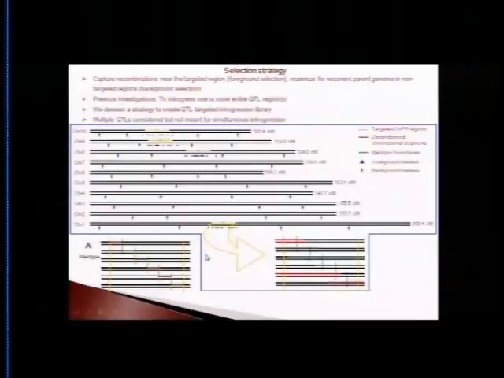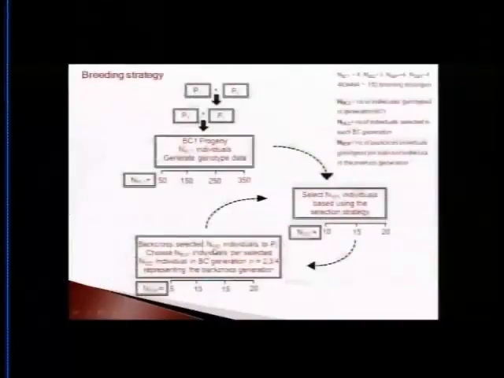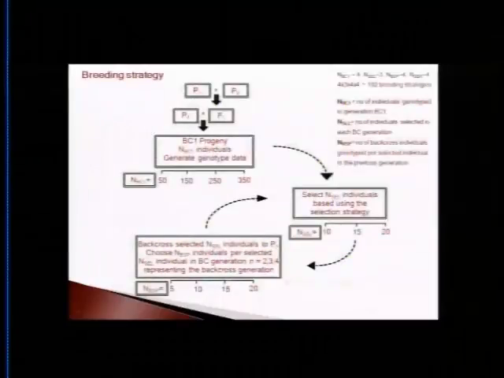So the next steps were to design the breeding strategies. The investigators in this project, Dr. Randy and Dr. Nick, had a hypothesis that the number of individuals in the first backcross generation was probably very important and crucial in getting the desired recombinations.